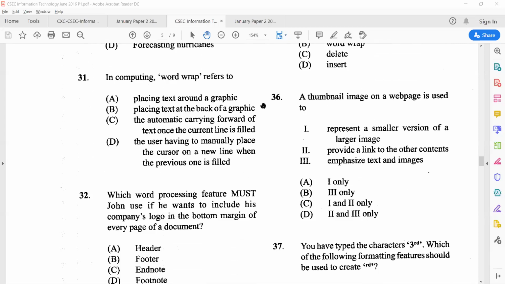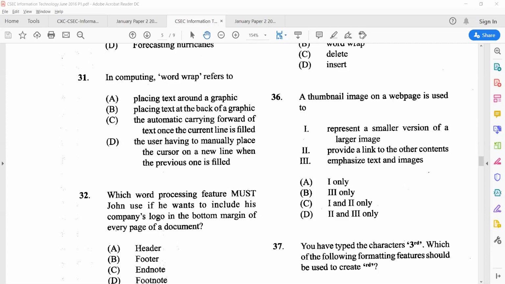So you have placing text around a graphic, placing text at the back of a graphic, the automatic carrying forward of text once the current line is filled, the user having to manually place the cursor on the new line when the previous line is filled. C.